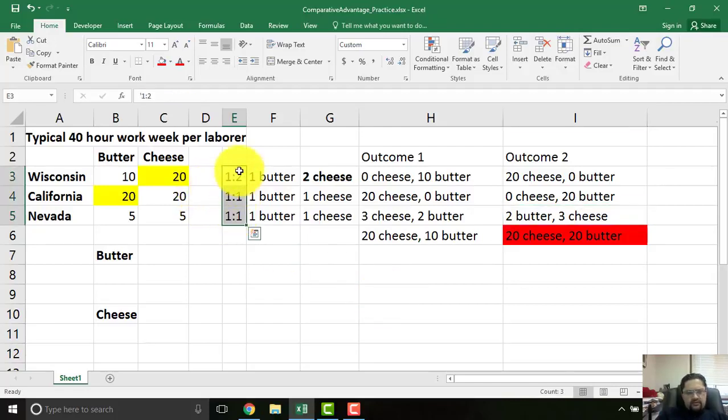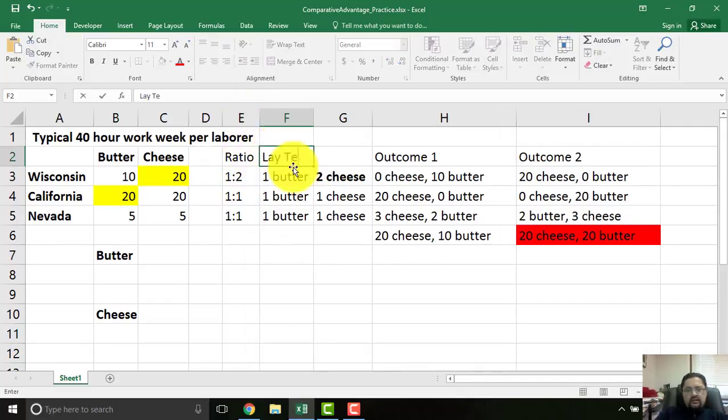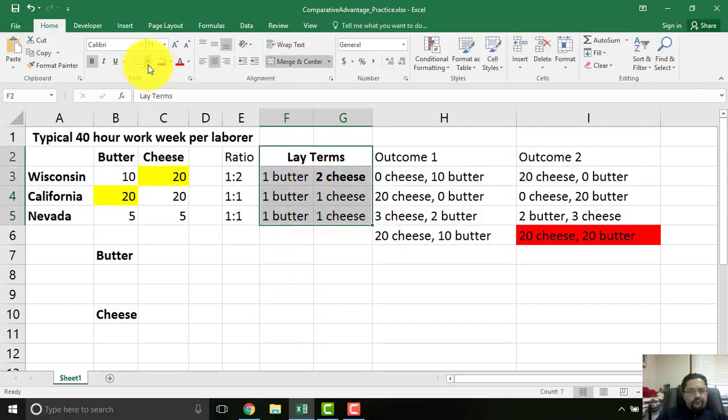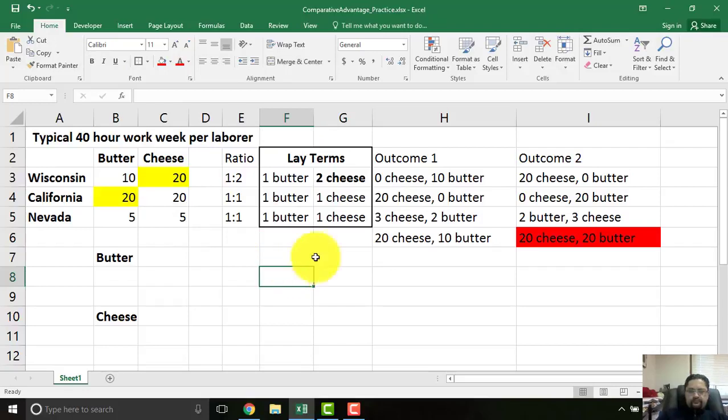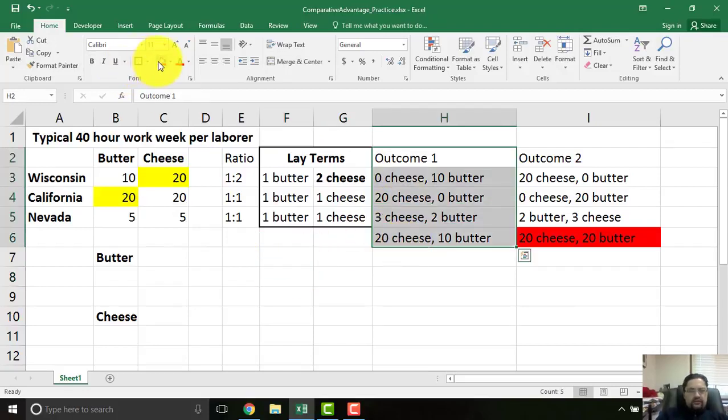First step, break this down. So that's your ratio. This is your ratio in lay terms, right? This means, okay, what does this mean in street terms, right? And these are individual outcomes, right?